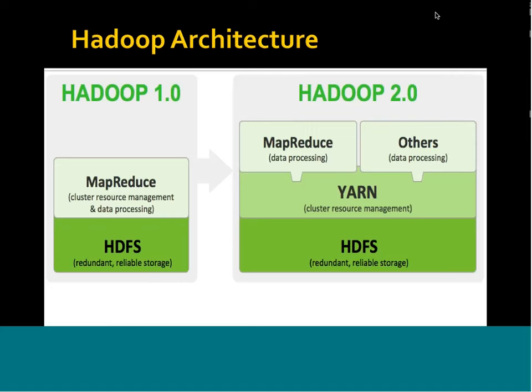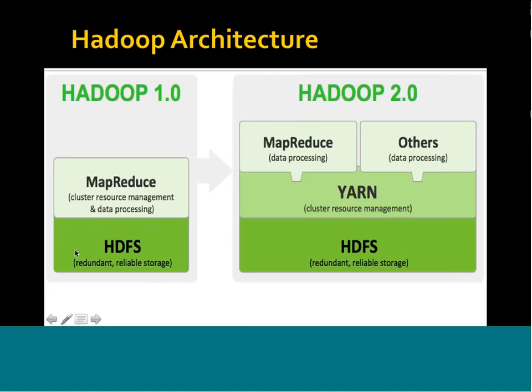So now if you see, there are two versions of Hadoop. One is Hadoop 1.x and second is Hadoop 2.x. Hadoop 1.x comes with two core components. One is HDFS, and please understand, the responsibility of HDFS is to provide storage, to handle storage, to provide reliability, by ensuring that data is not only in a single copy.